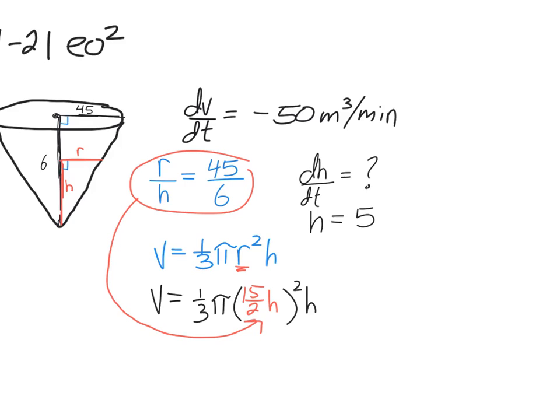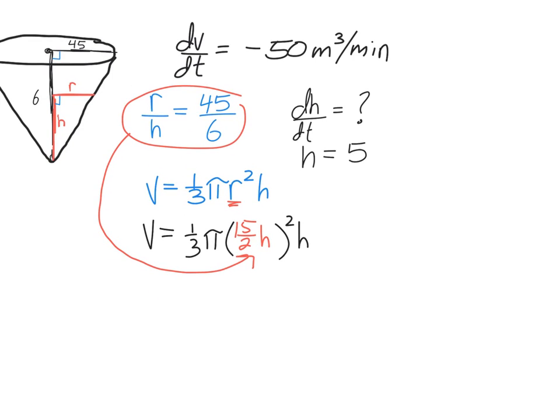Now I have really an explicitly defined function. 1/3 pi. It's going to be 225 over 4, right? So when you put it together, it's going to be 225 pi over 6. Oh, over 12, sorry.